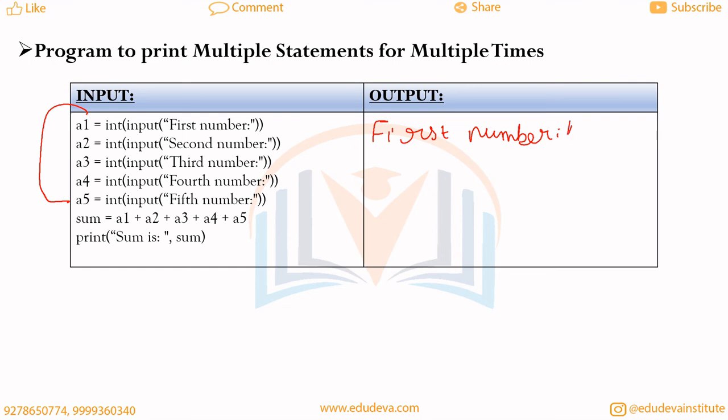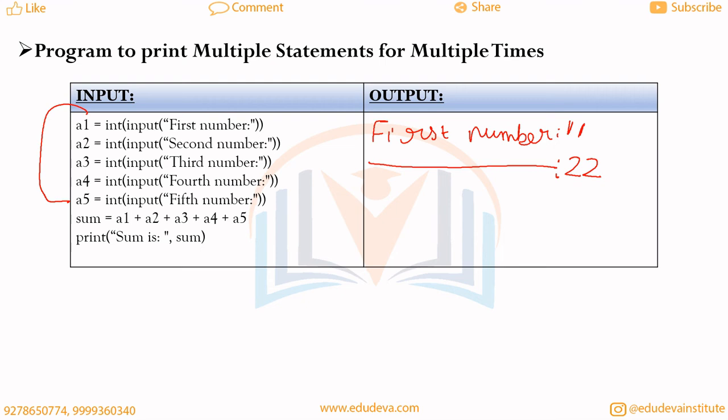Suppose the user enters 11, so the value of a1 is 11. Now it will print second number and wait for the input. Suppose the user enters 22, so the value of a2 is 22.